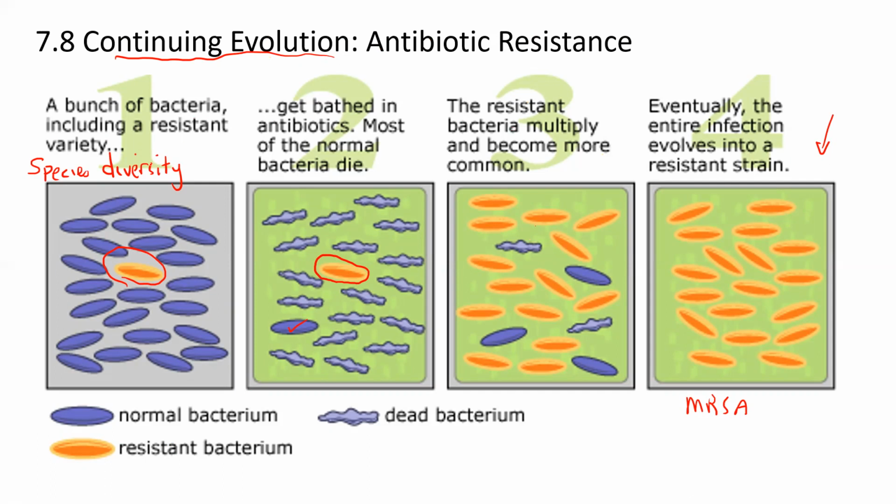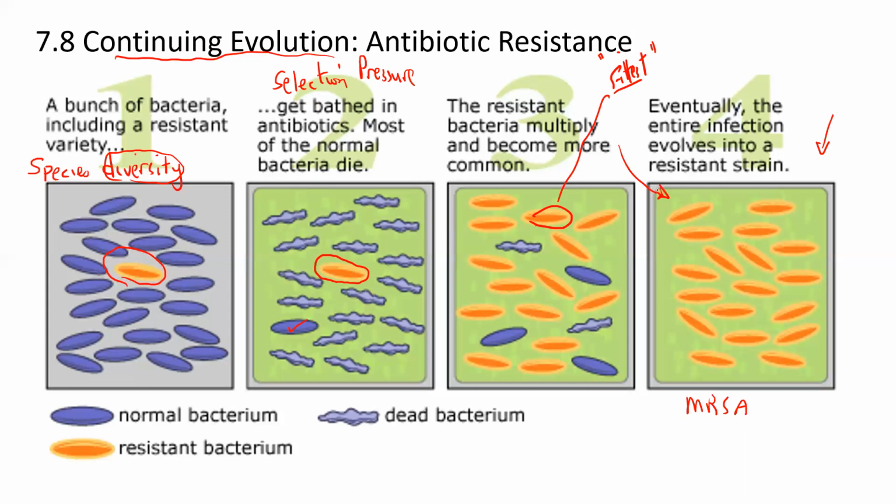Okay, think about it. Variety. We've got variety. Then we introduce a selection pressure. And those that are fittest, survival of the fittest, in other words, those that have the variation, survive.